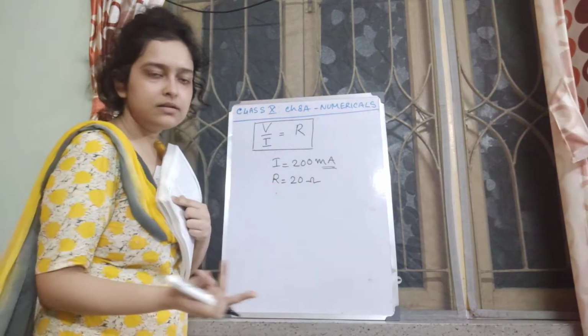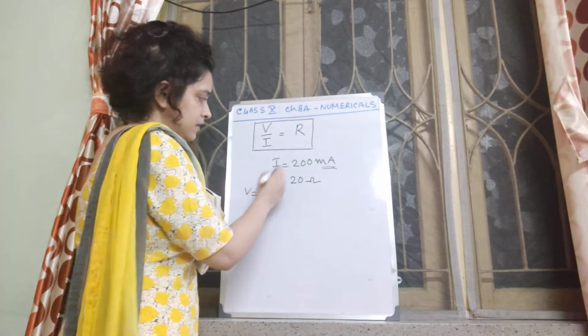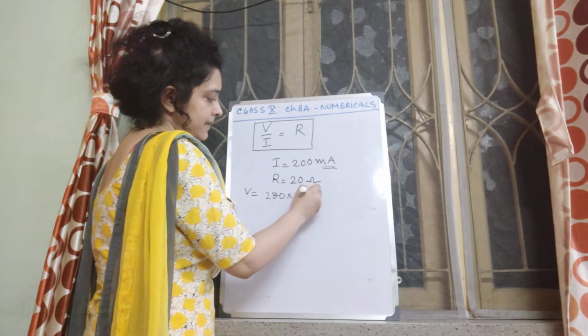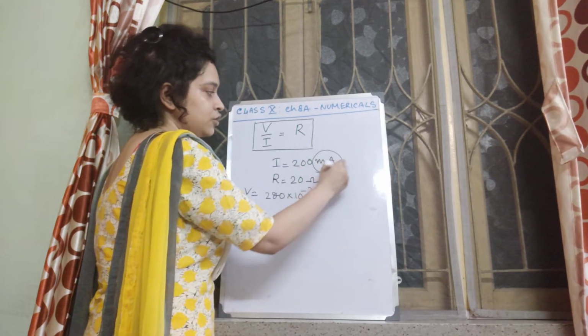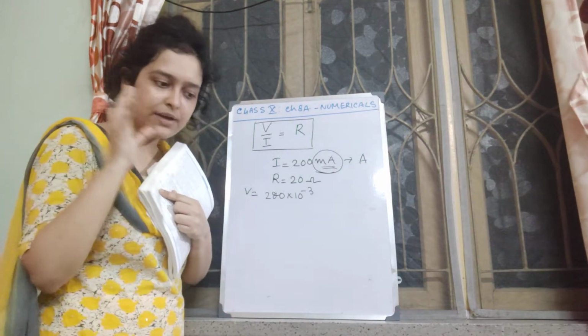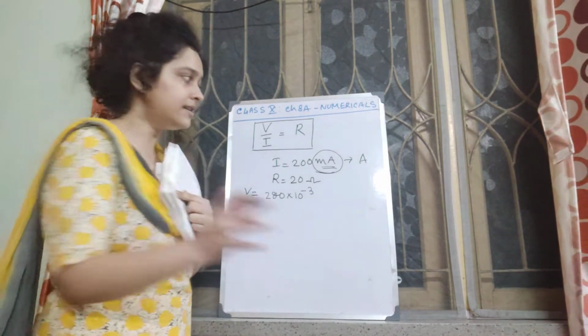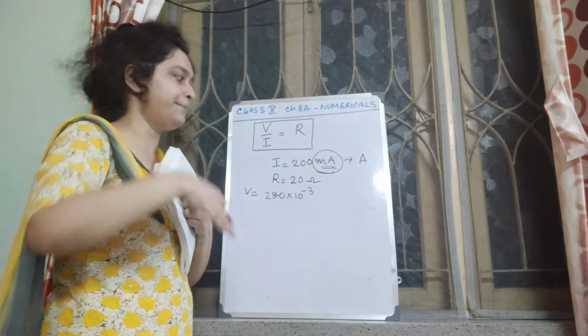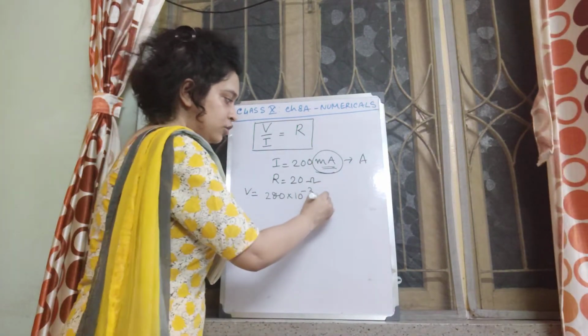So what is V? I into R. V will be 200 into 10 to the power minus 3, because you have to convert to ampere. We want the answers in SI unit, and ampere is an SI unit. Milliampere is a sub-unit of ampere. Into 20.